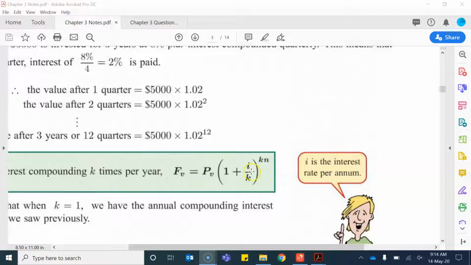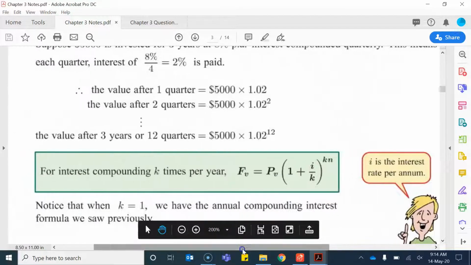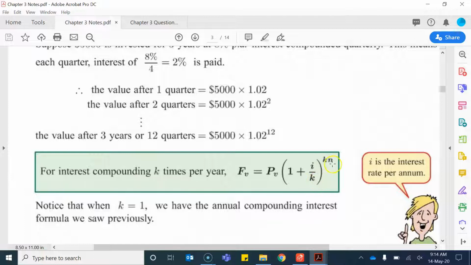So you can see that this generalized formula is very similar to what we have been using so far for compound interest, but now we have the addition of the i over k and the k times n in the exponent.